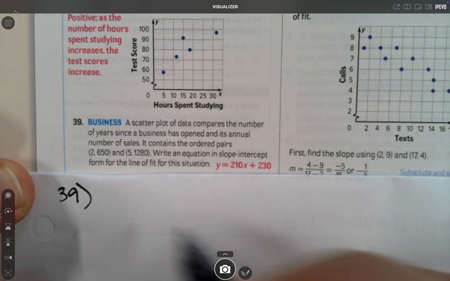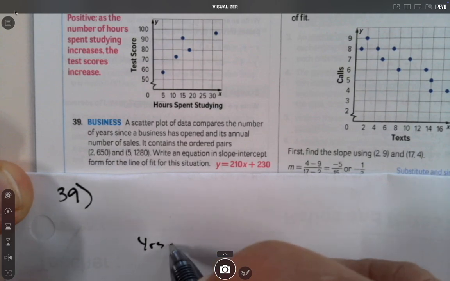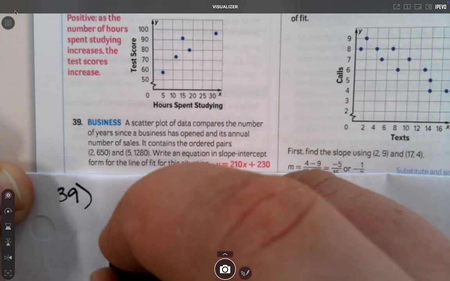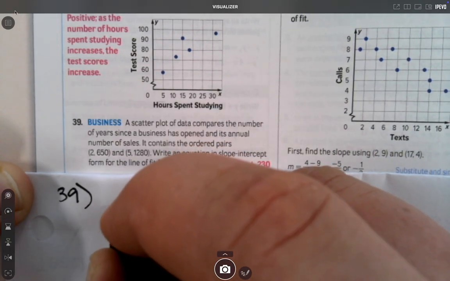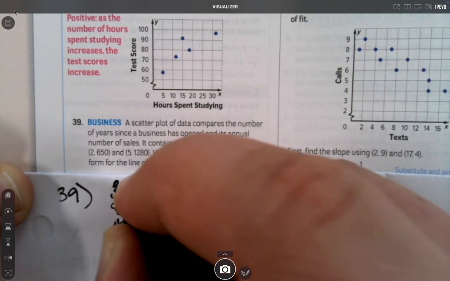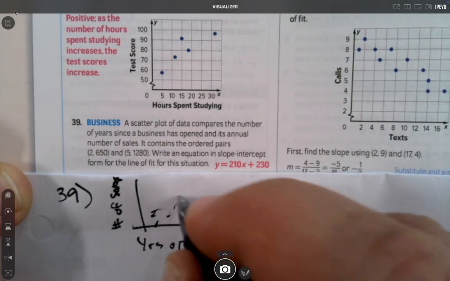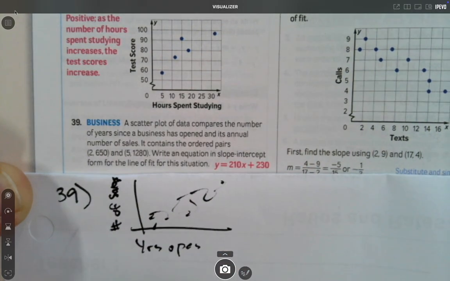I'm guessing it probably trends up. So the idea would be years open, number of sales. Something like this. I just made up those dots, but I just wanted to have a picture of what they're talking about.